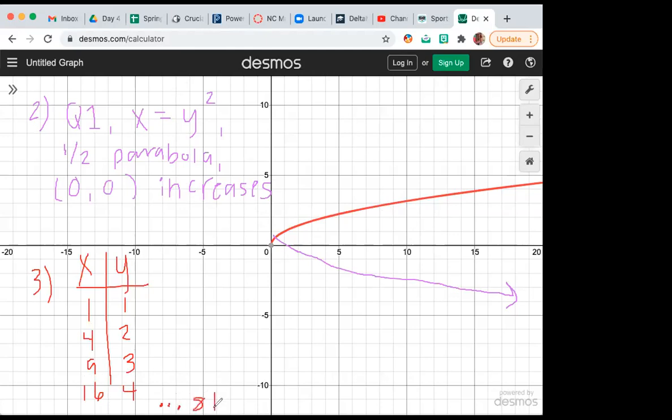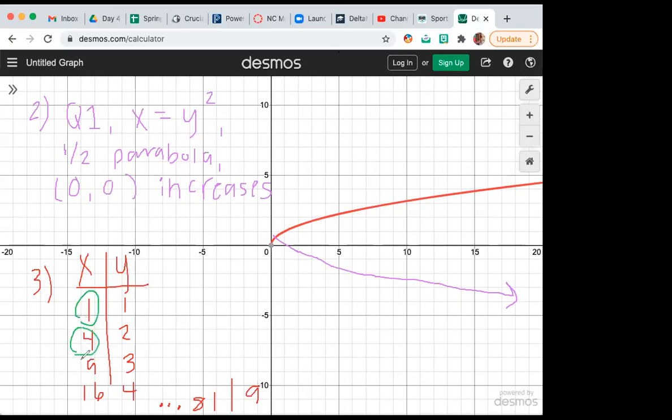That's great. What do you notice about the X's and Y's? How are they related? All of them are perfect squares. 1, 4, 9, 16. Those are all perfect squares. And y'all look, when you plug those X's in, I hope we're all paying attention. This is what we're doing today.